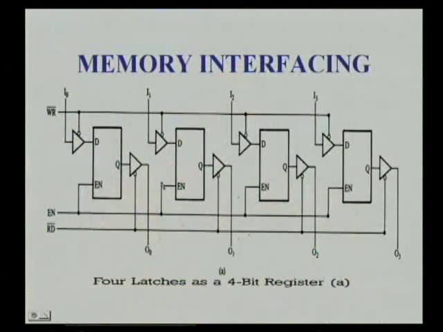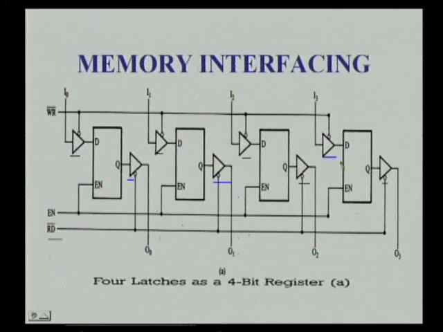Now let us see a 4-bit register. We can expand that to an 8-bit register. This is a 4-bit parallel in parallel out register. Here you can see the input data lines are controlled by this write bar signal. The write bar signal is connected to each and every input buffer. So putting all these buffers together, we call it the input buffer. The input buffer is controlled by the write bar signal. Similarly, the output buffers, here you can see for each and every flip-flop, are controlled by the read bar signal.